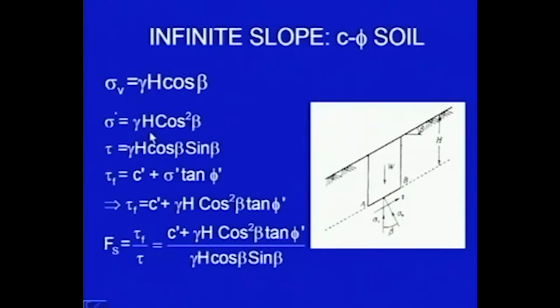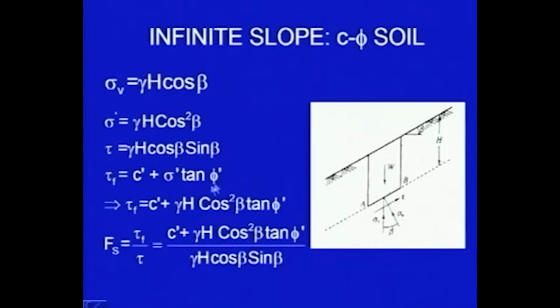So, the normal component will be gamma h cos beta, means sigma v into cos beta. So, that becomes gamma h cos square beta. Its tangential component, the shearing stress which will try to create instability, tau will be equal to this value into sine of beta. So, gamma h cos beta sin beta.